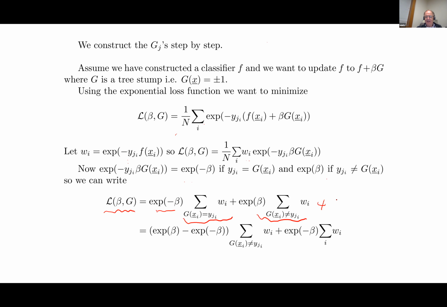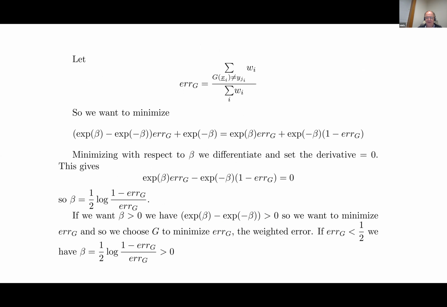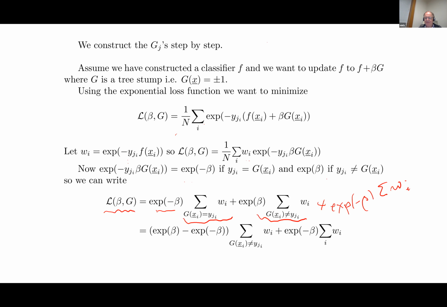So I add here exp of minus beta times the sum of those that are incorrectly classified, and then I can subtract it again.